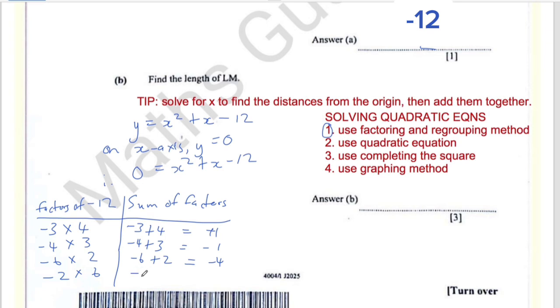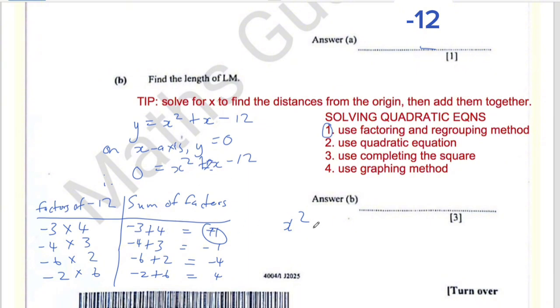So you can tell here by just looking at these factors that the one which we want is the one that has a sum of 1, which is the implied coefficient before x there. So the factors that we want are factors which give us positive 1. In this case, it will be negative 3 and positive 4.